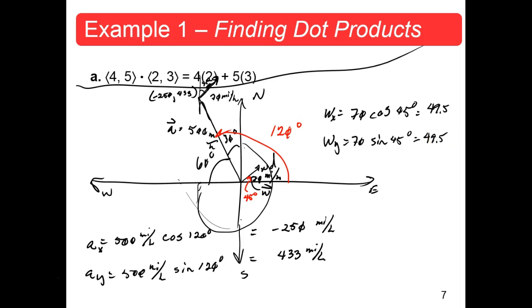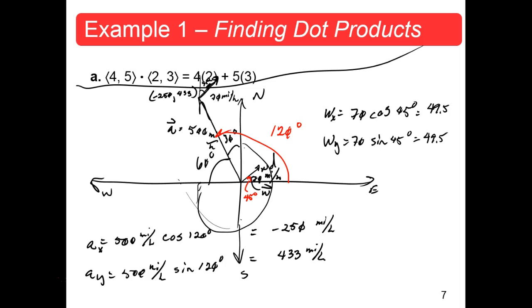So, and they're both positive, so to get the, how did it ask for it? What are the resultant speed and the true direction of the airplane? Well, I'm going to get the true direction first, okay? So let's do that first.